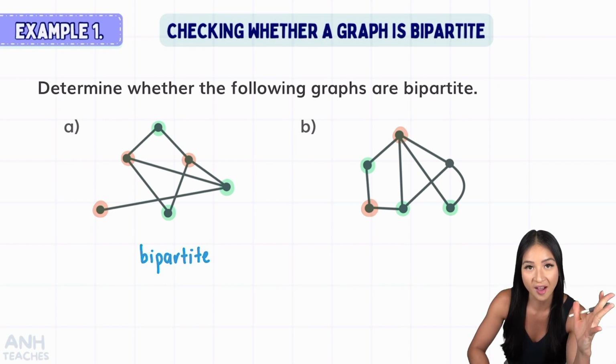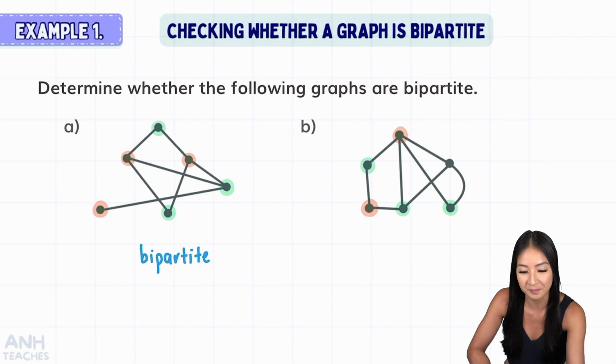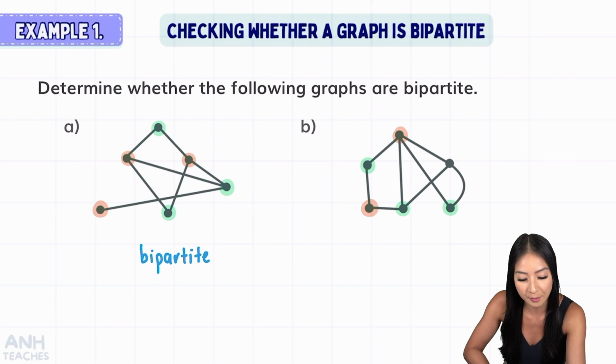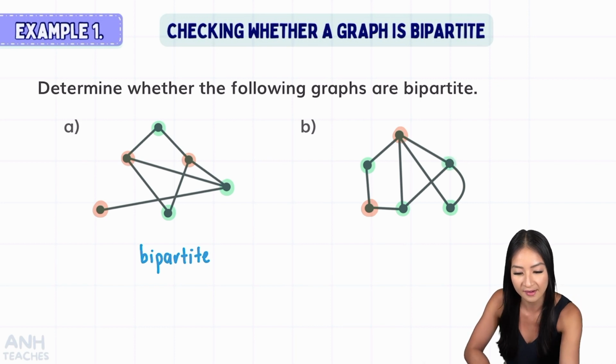and I have encountered a problem because I need to colour this vertex in green because it's adjacent to this one, but by colouring that one in green, I'm going to be creating adjacent vertices in the same colour. So I'll just show you there, right?